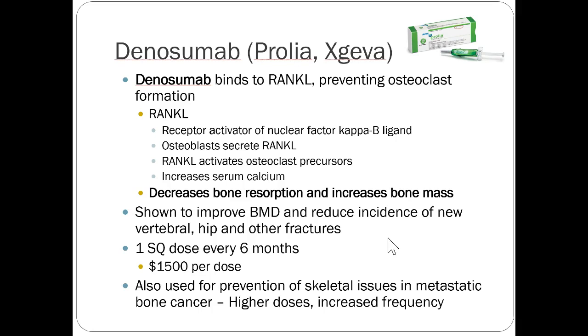Osteoblasts secrete this RANKL substance, and RANKL activates osteoclast precursors, which increases serum calcium. And so denosumab binds to that specific item, preventing those things from happening. So basically what we care about is that you get decreased bone resorption and increases in bone mass. Overall, it's shown to be helpful in both improving bone mineral density and reducing fracture risk.